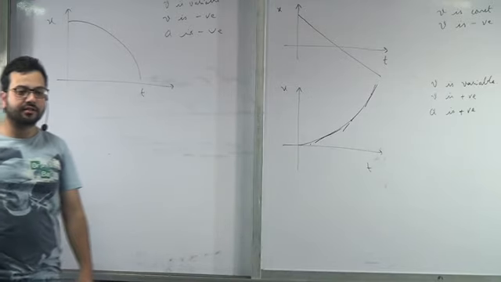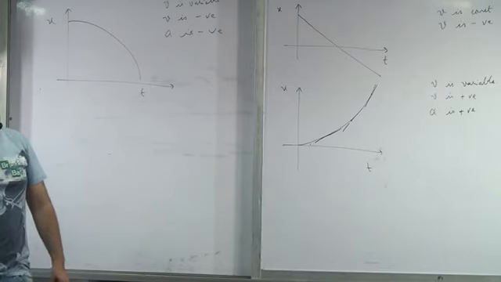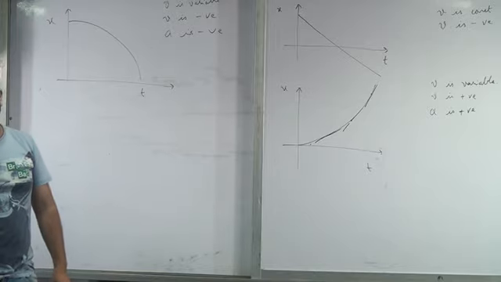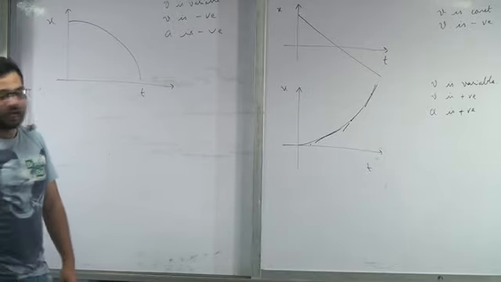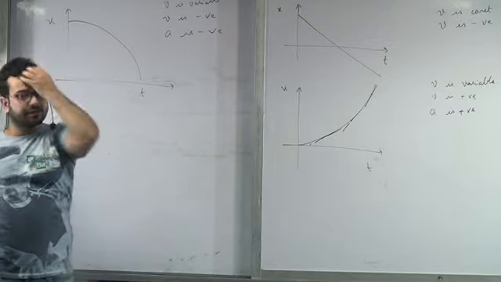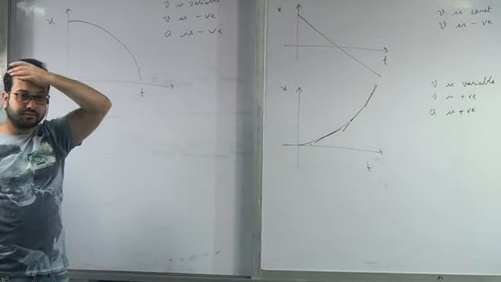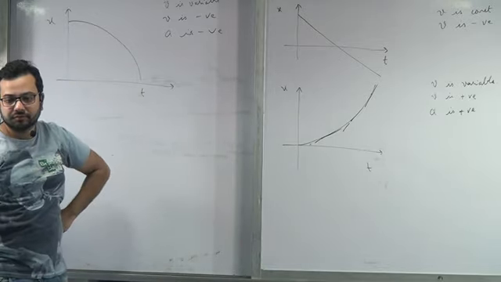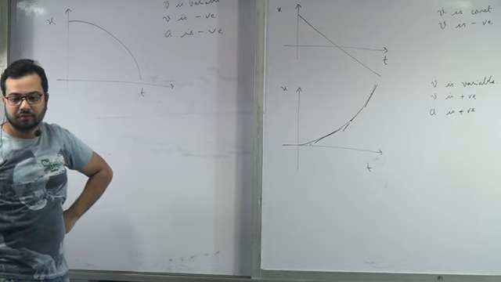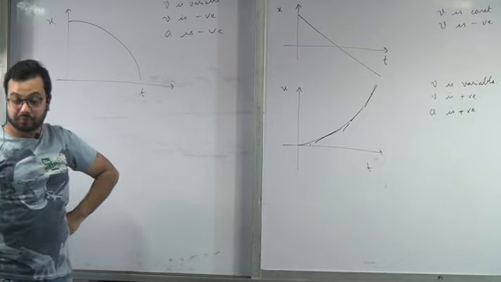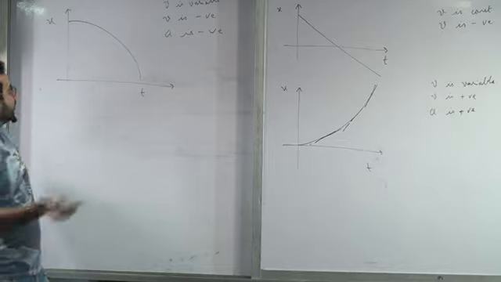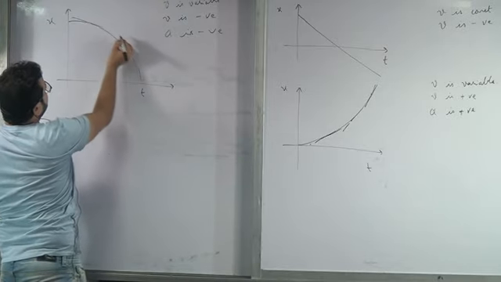Acceleration is negative. How can we say that? Velocity is decreasing. How can we say that the acceleration is negative? The angle, the slope, tell me, yeah. Correct.